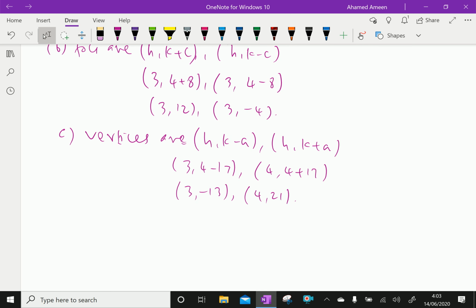Then next is the equation of directrices.